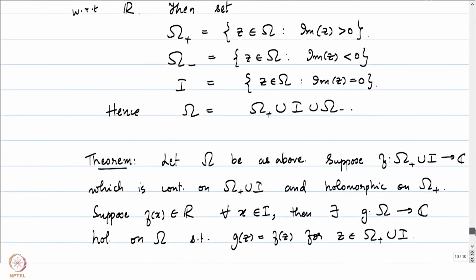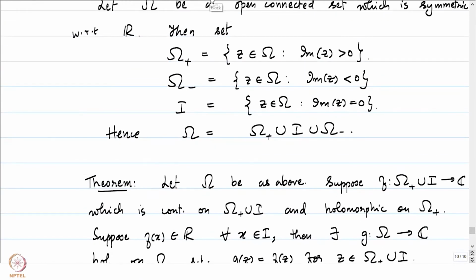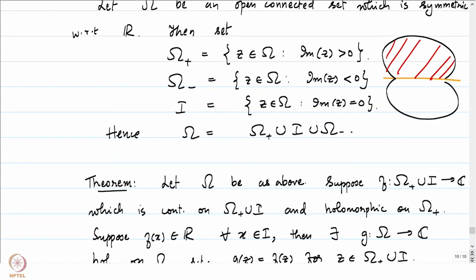Let's just draw a picture. No pictures were drawn yet. Suppose this is our real line, which I am now drawing in orange, and our domain is something like this. Then a symmetric domain will be something like this. So omega plus will turn out to be the region I am shading in red in the upper half plane, and the violet is the region omega minus.